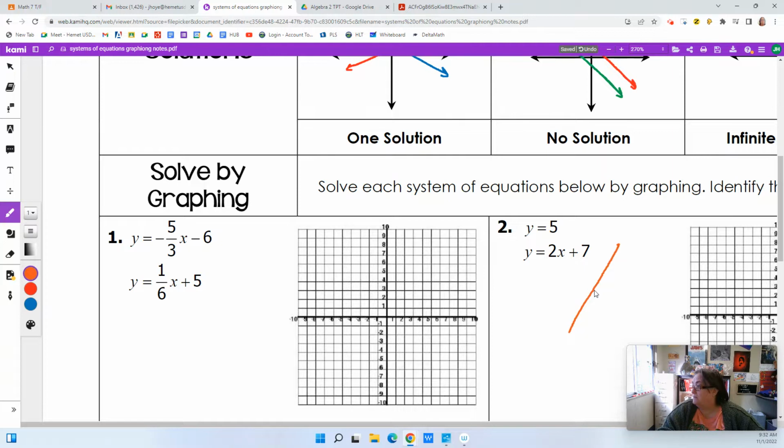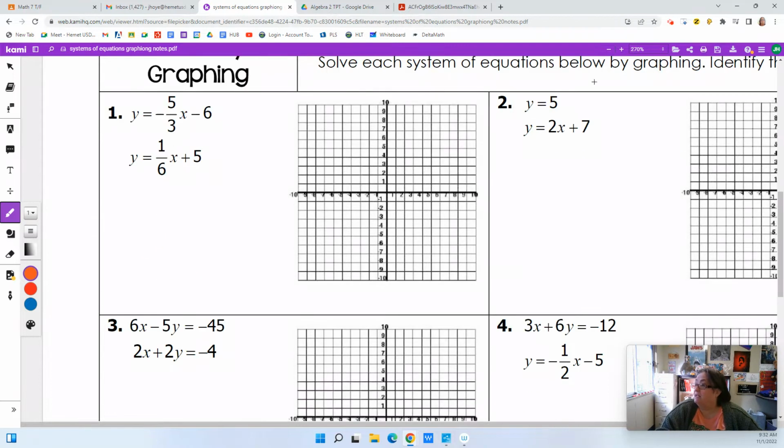This form is awesome in that it allows us to graph really easily. We don't have to do anything to these equations to be able to graph them, because right here we have a y-intercept at -6. So we have a point right there at -6.